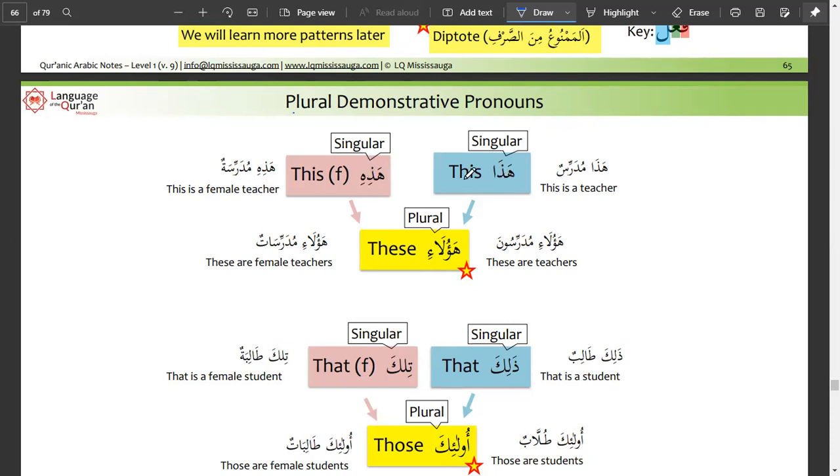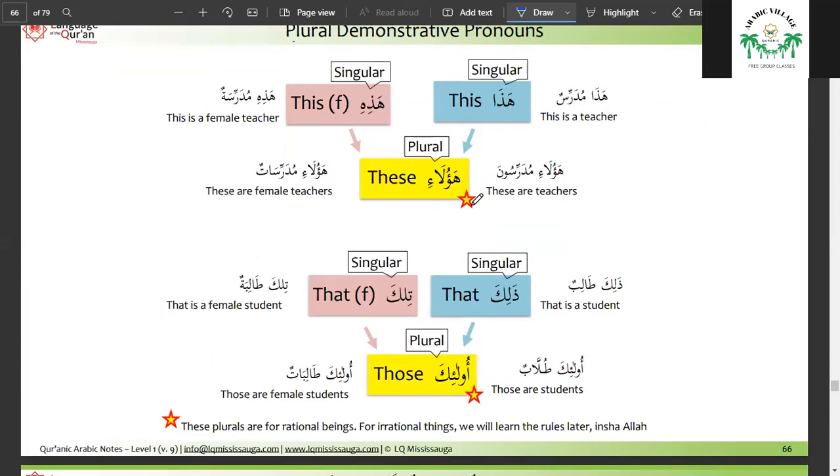These are the demonstrative pronouns for near, for singular. The plural of haza is haula'i, and the plural of hazihi is also haula'i. So the plural for feminine and masculine is the same.